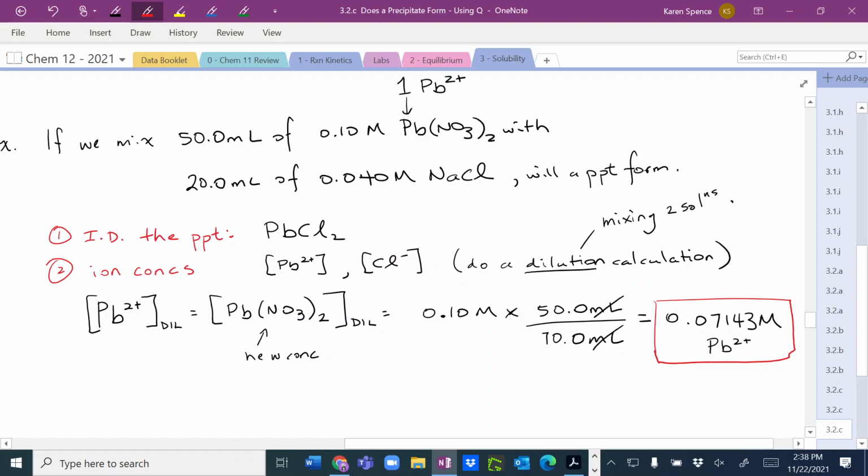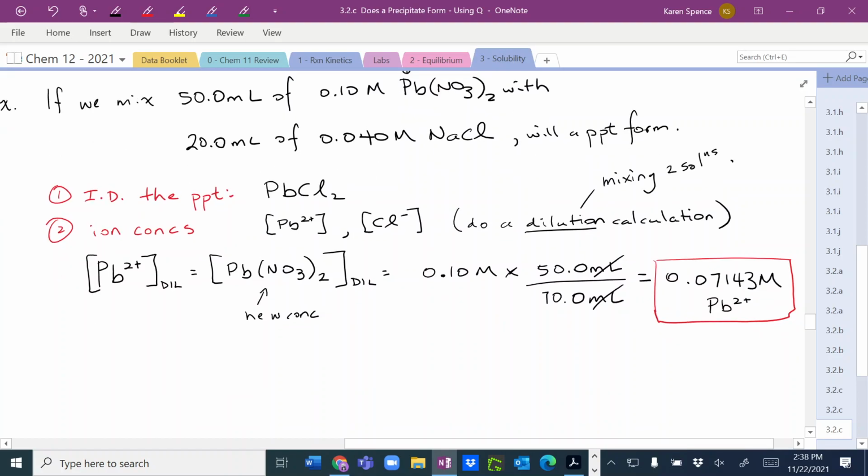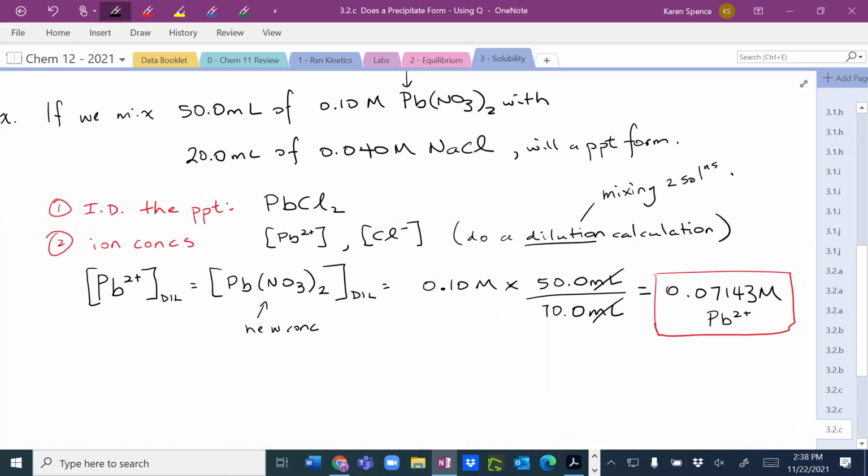We also want our chloride concentration. Is chloride going to be equal to sodium chloride? Yes, because it is 1-to-1, yes?